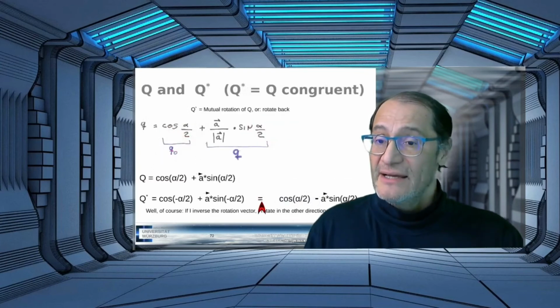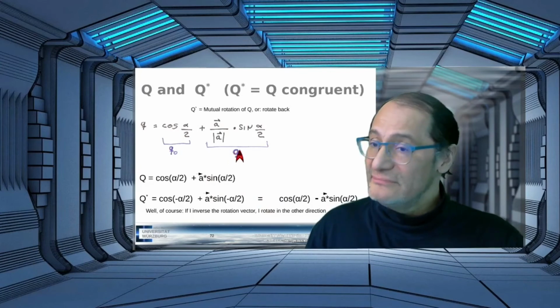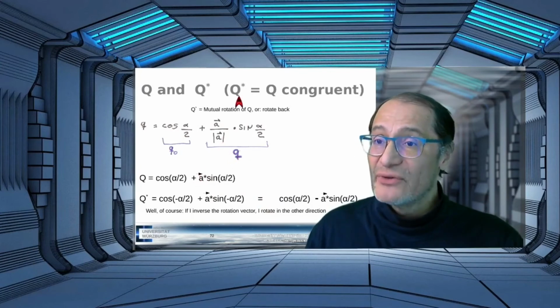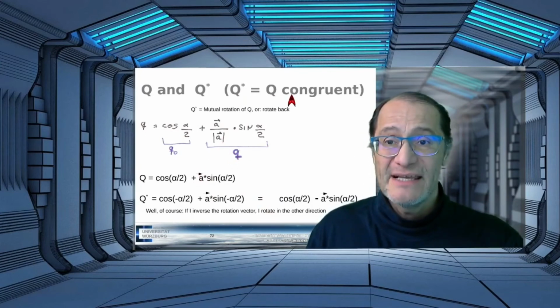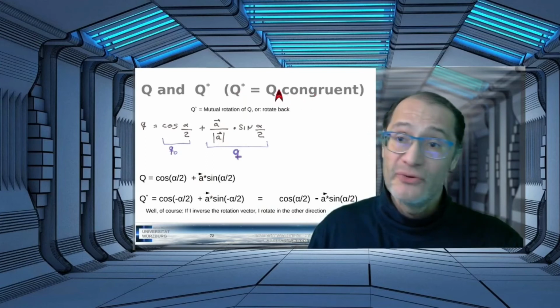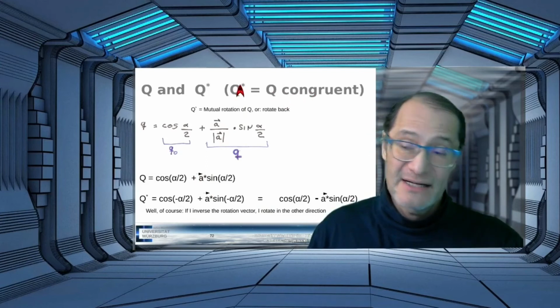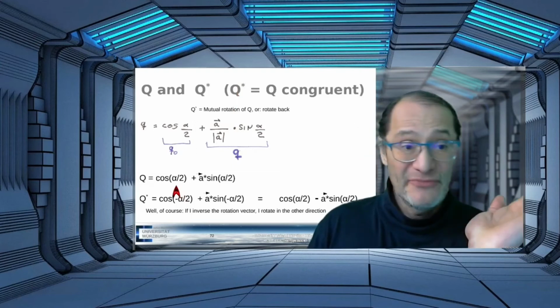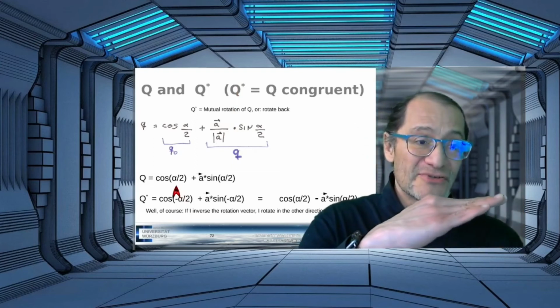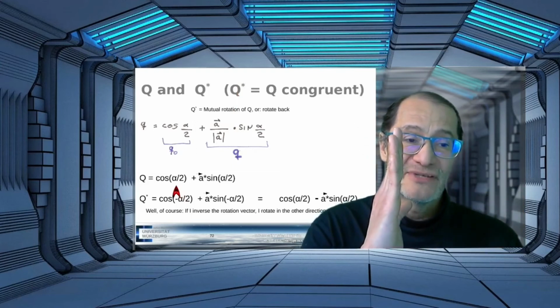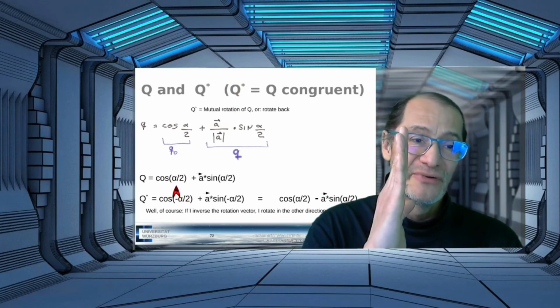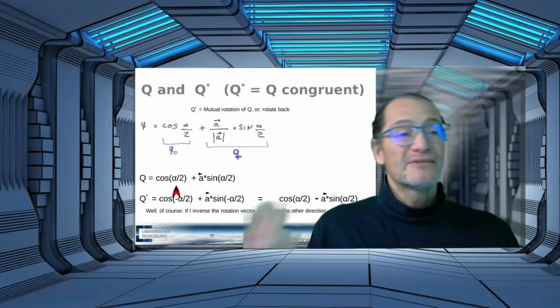The next thing is how to invert Q. What we say is the conjugate of Q is Q star. I said before, if Q moves us from here to here, the inverse, the conjugate Q, will move us from here to here. The solution is very simple.